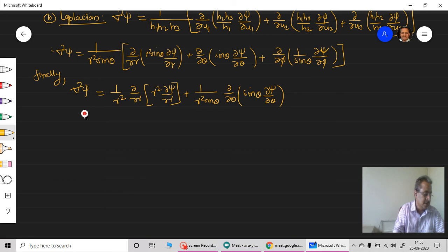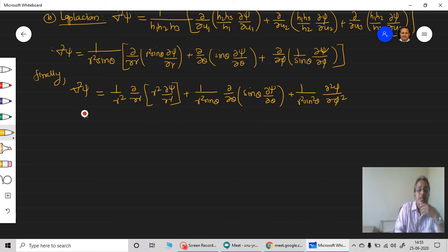This is my second term, and the last term is plus 1 upon r square sin square theta into ∂square psi upon ∂phi square.